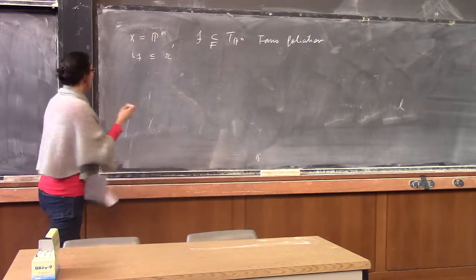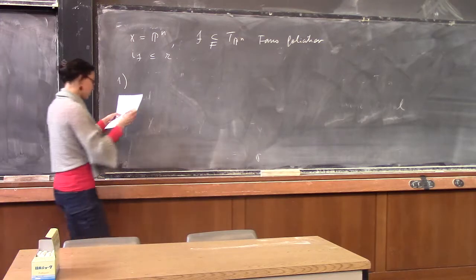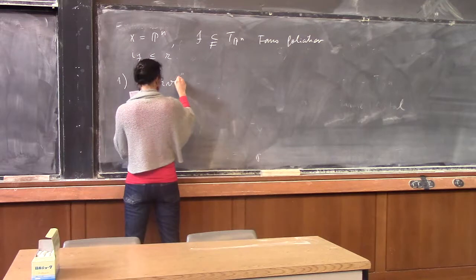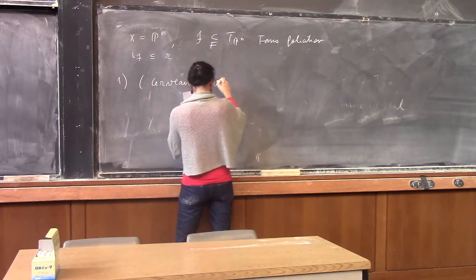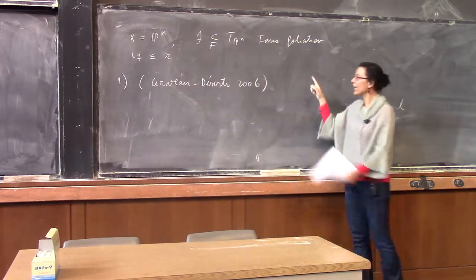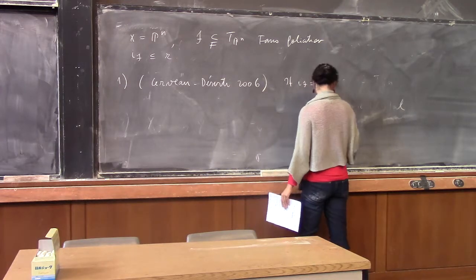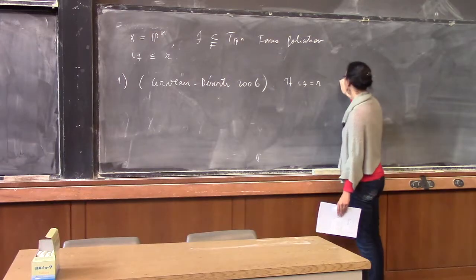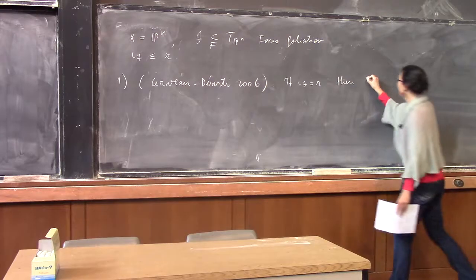Okay, so let me just talk about the extreme case. This was a theorem of Araujo, 2006. They proved that in this case, if the index is equal to the rank, then in fact this is a very, very simple foliation.